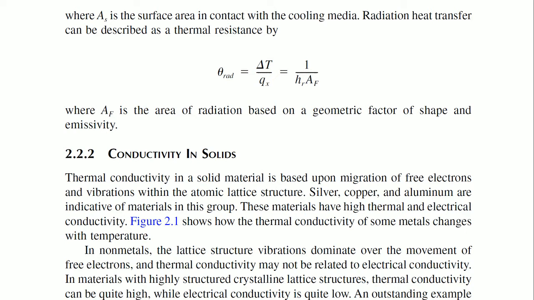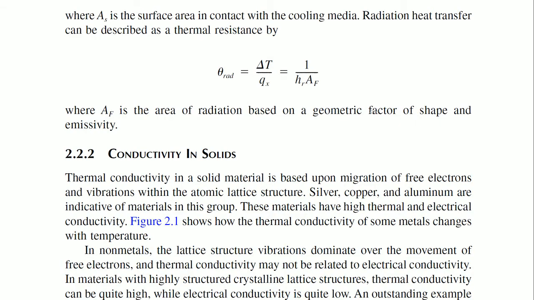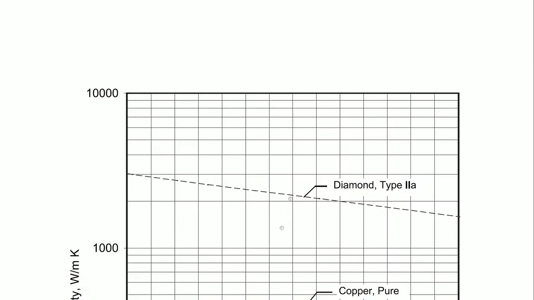When we have deep fins, there is a shadow effect, each fin will be forming a shadow. So, only the things which are at the bottom of the heat sink will be seeing the outside world. So, there are certain practical examples. So, we have something about the geometric factor of shape and so on.